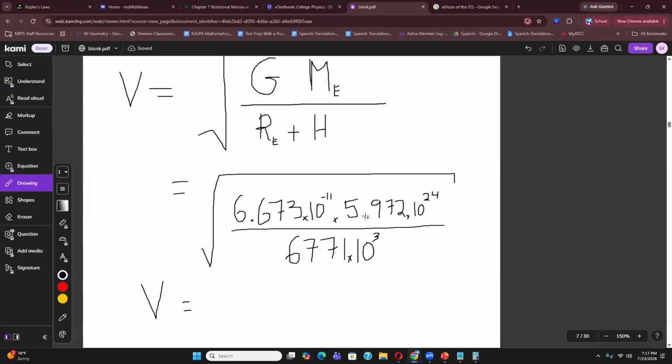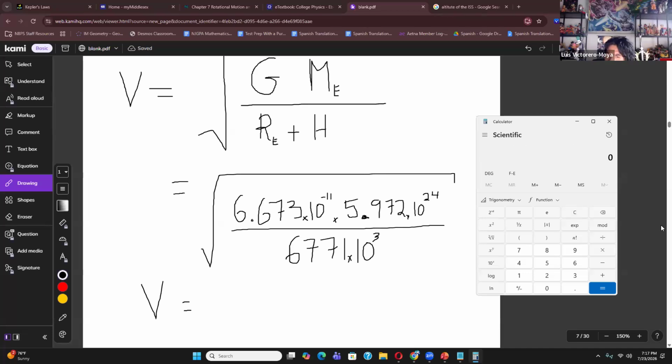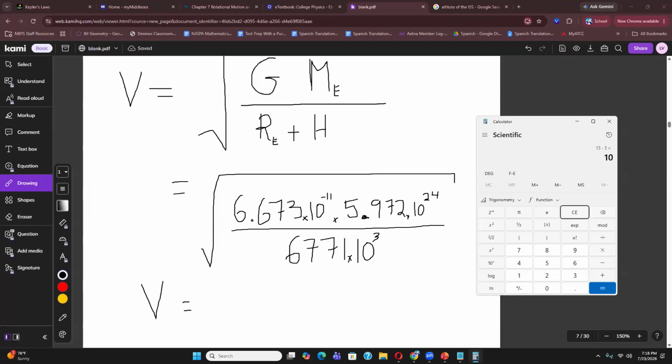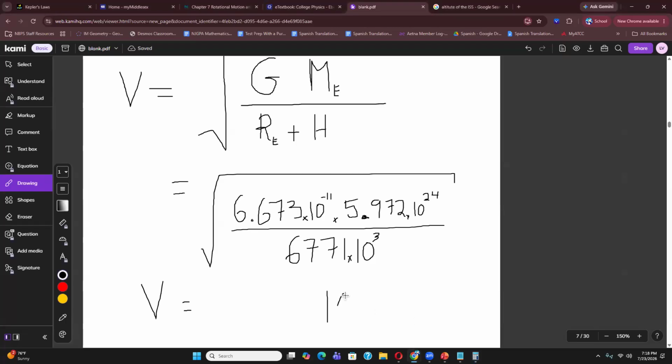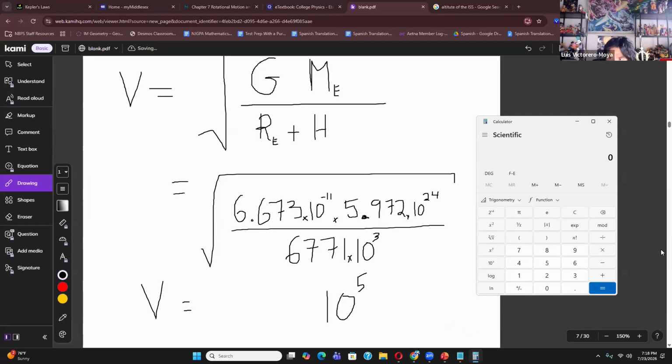24261. That high? No, no, no. Did you take the square root? Yeah. Maybe, because that's in meters per second. Let's see. 6.673 times 5.972 divided by 6771, square root.